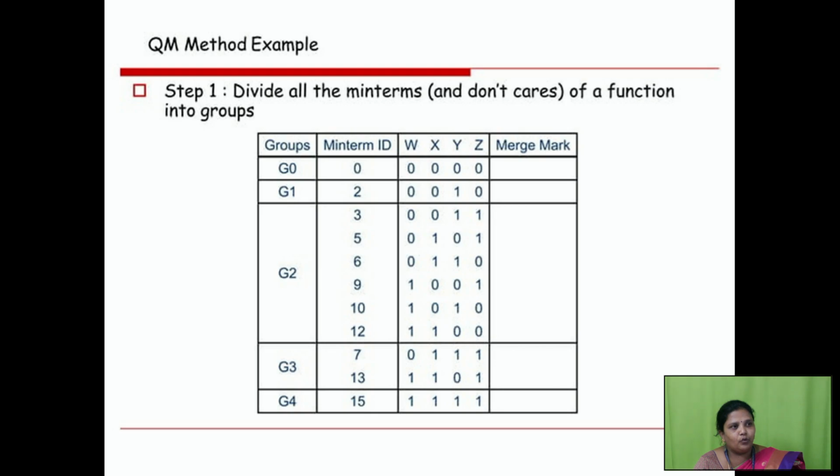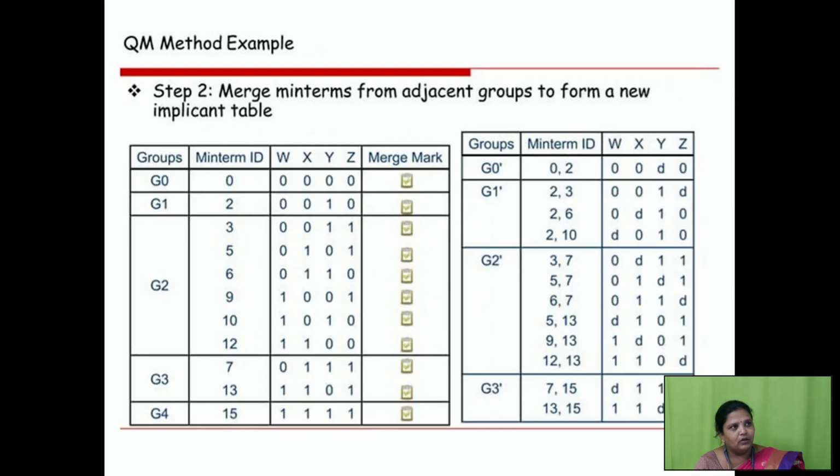In 3 we have 2 ones, and 5 we have 2 ones, and 6 we have 2 ones, and 9 we have 2 ones, and 10 we have 2 ones, and 12 we have 2 ones, and 7 we have 3 ones, and 13 we have 3 ones, and 15 we have 4 ones.